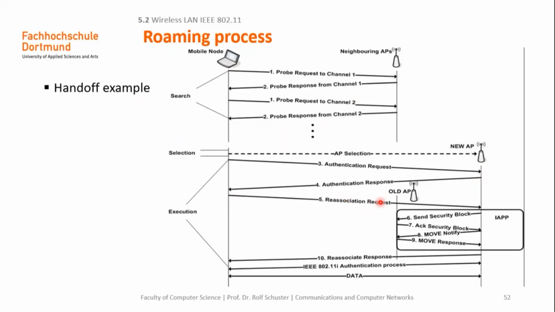When the reassociation request is sent to the new access point, the new access point will send to the old access point this kind of frame type: send security block, receive and acknowledge security block, and notify the move to the old access point. And after that, the reassociation response is sent from the new access point to the mobile station.